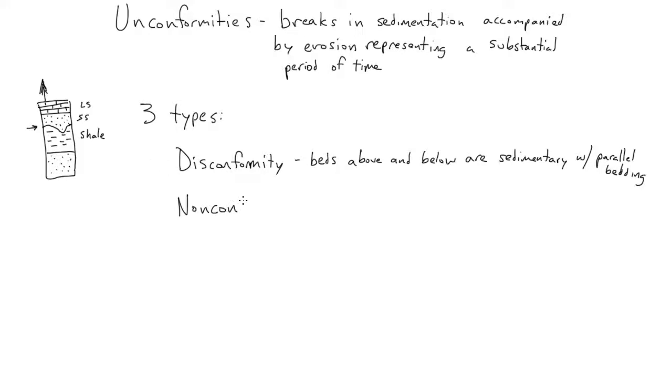So the next type is a nonconformity. And in this case, the rocks below are plutonic igneous. Plutonic means the intrusive kind that forms underground with large crystals, or metamorphic.